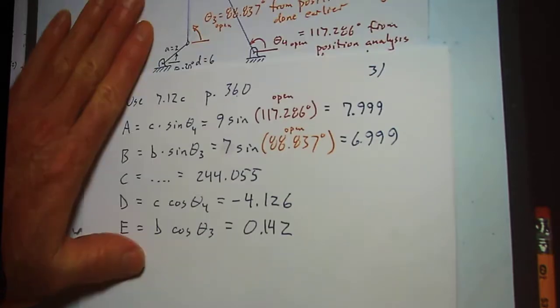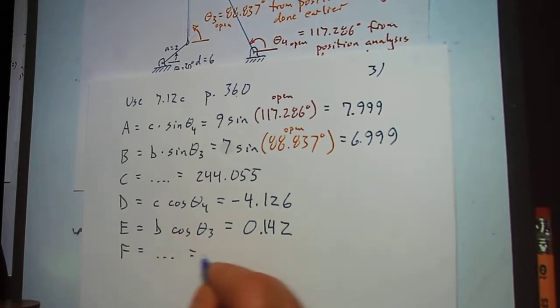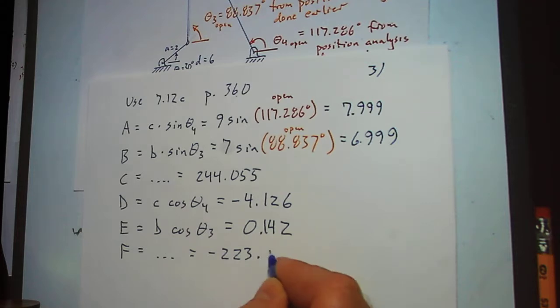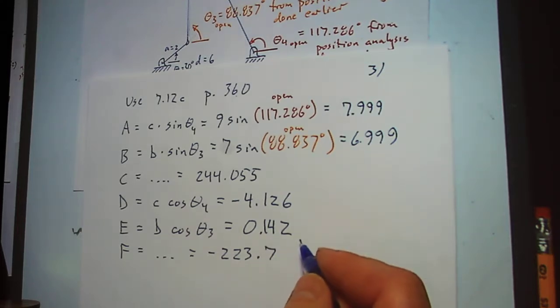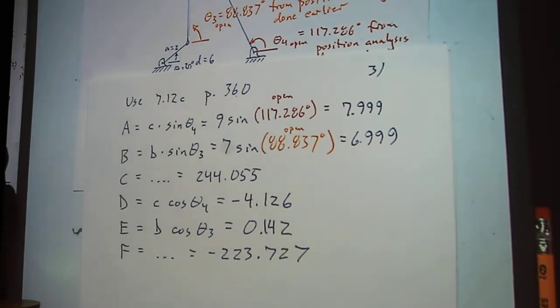And then F is another one of those long equations like C. So I'm not going to write it out, but if you plug the numbers in and verify that you're using the equation correctly, you should get minus 223.727. Those are the constants involved in this.